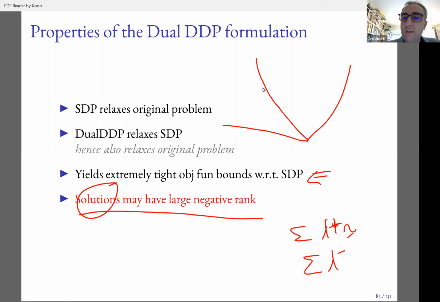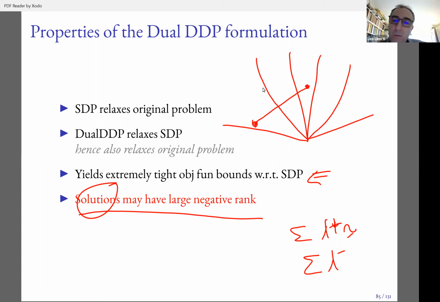At a certain point, I even tried something like, this is the SDP cone, and this is the dual DD cone, and this is the DD cone, okay? And I tried to pick a solution here and the optimal solution here, and I tried to do bisection over this segment, but it weirdly didn't work at all, meaning that I was moving very close to one of the 2 points and stopping.